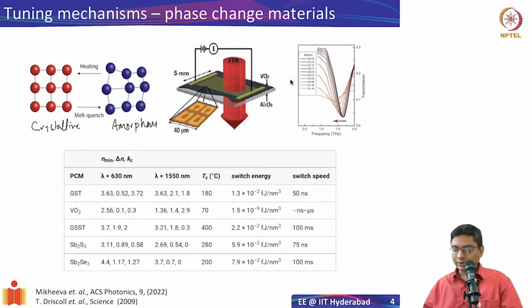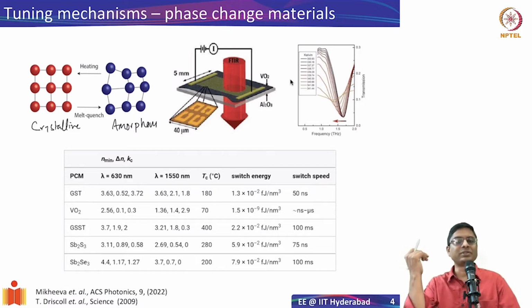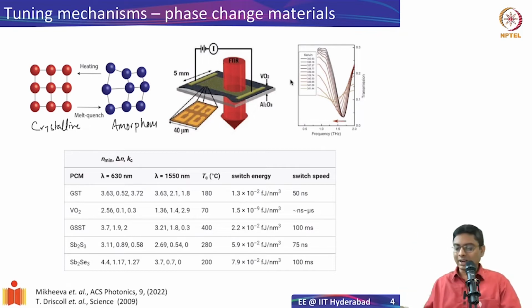So basically what we see is there is a change, and in the visible range, it doesn't change so much, but in IR you see that immediately there is a 1.4 refractive index change. So that's a significant amount of change in the refractive index. And if you go to mid IR or terahertz range, you'll see a much stronger change. And one experiment with phase change material, wherein a split ring resonator is coated with a phase change material and it is heated.